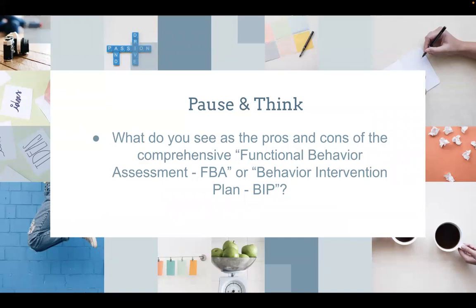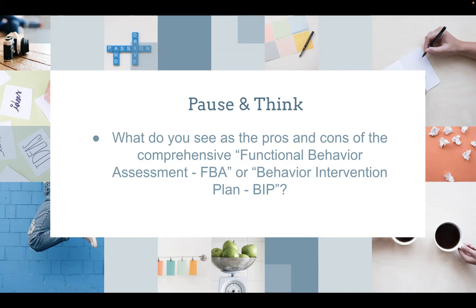So welcome back. Things that I often hear about the comprehensive, the formal FBA and BIP, is it's long, it's disconnected. Sometimes it feels isolating, because in schools, even though it should be a collaborative process, just based on resources and time, maybe one person ends up doing it all and bringing it to a meeting and kind of saying, here, what do you think?